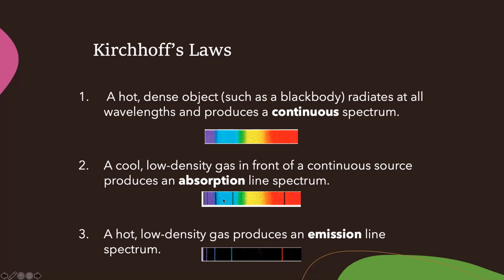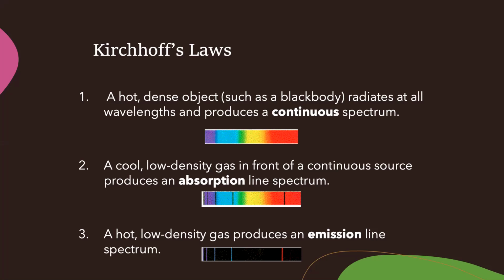And then there was one final setup in which no light from the incandescent bulb passes through the slit and goes through the prism and gets separated. Instead, we're only looking at the light coming from this hot, low density gas, the same one that was used in the previous trial. And without a light source behind it, you don't get a continuous spectrum.